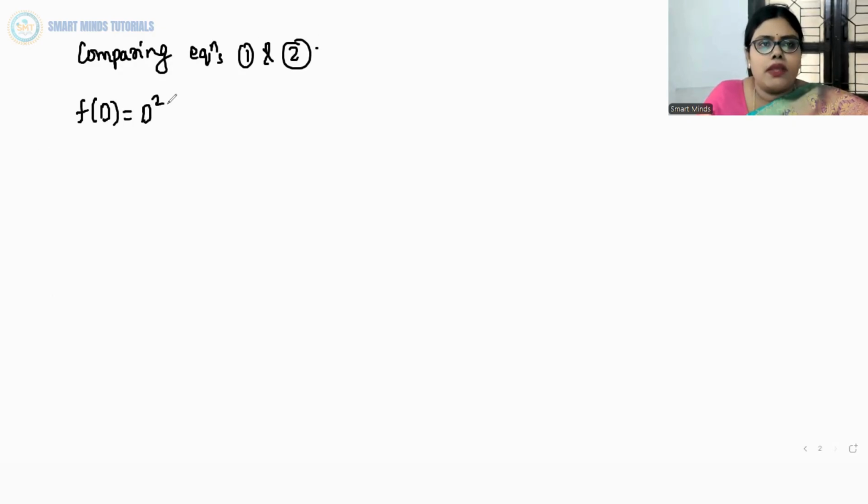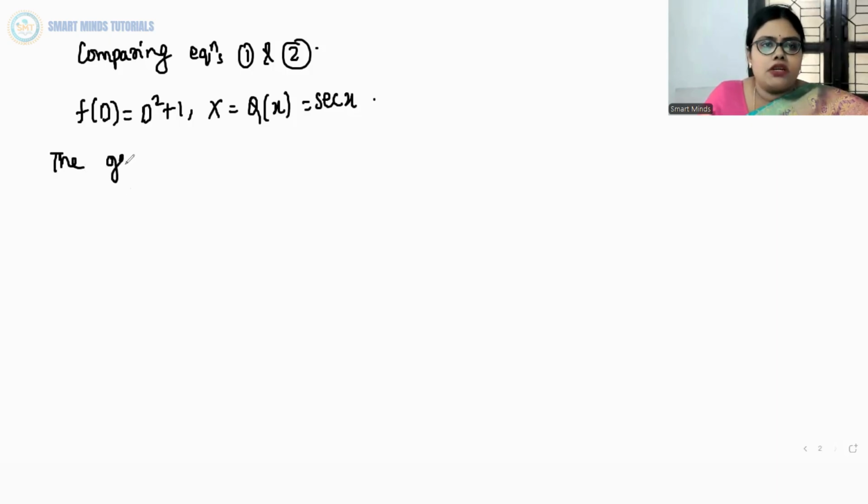Now if you compare 1 and 2, what do you get? Comparing equations 1 and 2, you will get f(D) is equal to D square plus 1, and X is nothing but a function of small x, that is secant x.